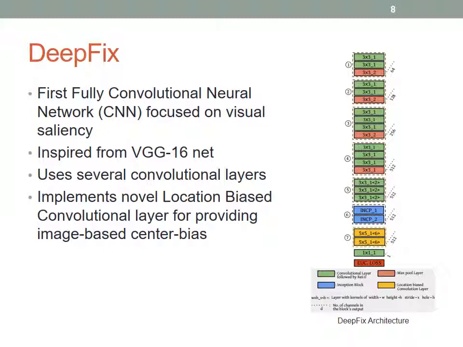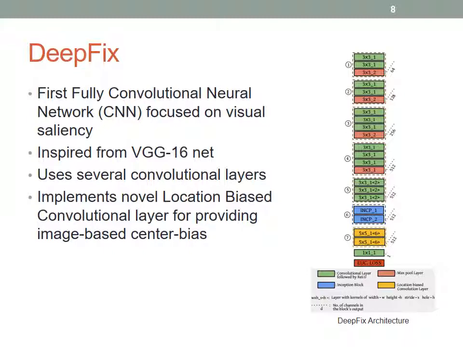And we'll see it in the next slide, but they implemented this location bias convolution layer, and they use that to put their image-based center bias into their images, and this has helped them tremendously in their results.